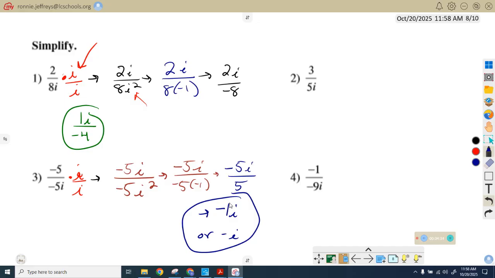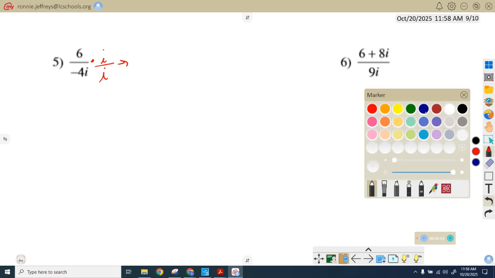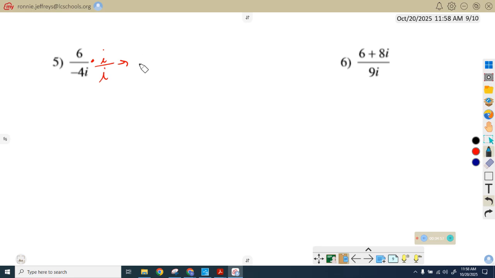Are we good with 1 and 3? So let's look at number 5. What are we going to multiply by? i. Which is weird. The reason you can do that is because technically i over i is 1.